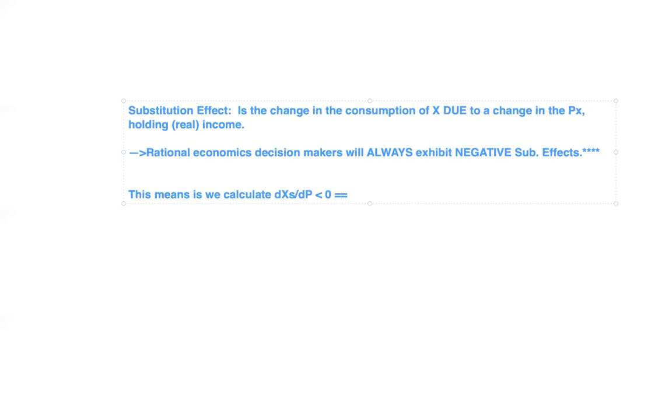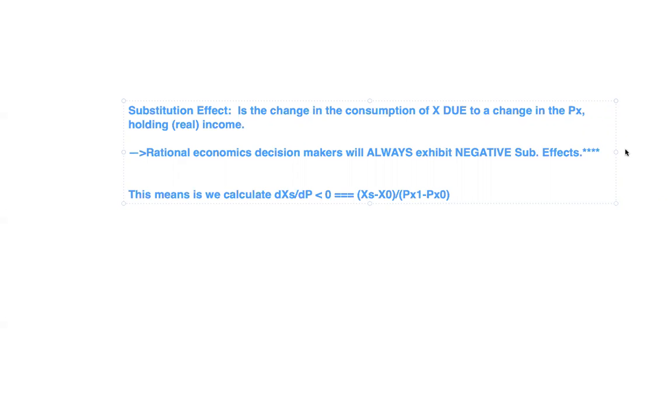So to be more explicit about this calculation, our dx is xs minus x0, that difference divided by px1 minus px0.